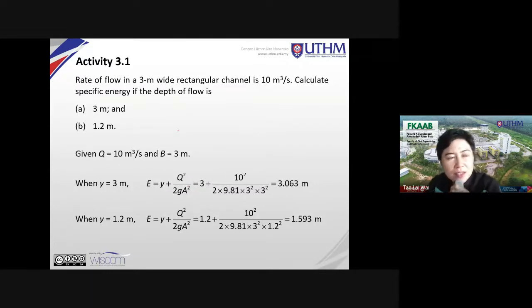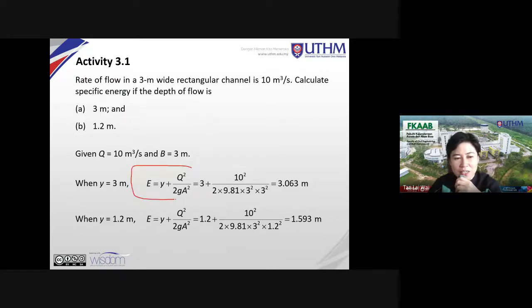Let's look at this activity 3.1 here. You have a rate of flow in a 3 meter wide rectangular channel given as 10. Calculate specific energy if depth of flow is 3 meter and 1.2 meter. Now this is very direct. You just substitute in this specific energy equation.